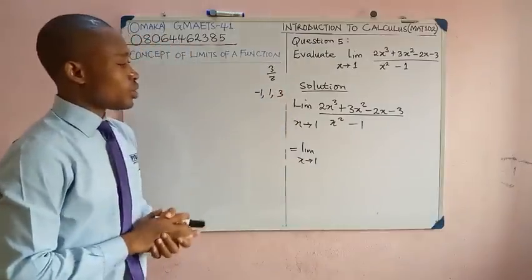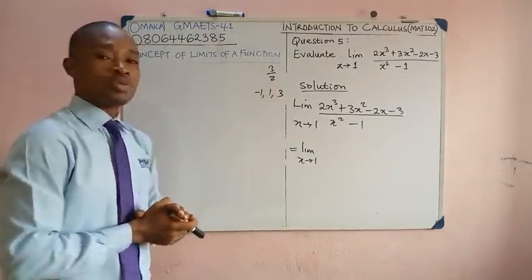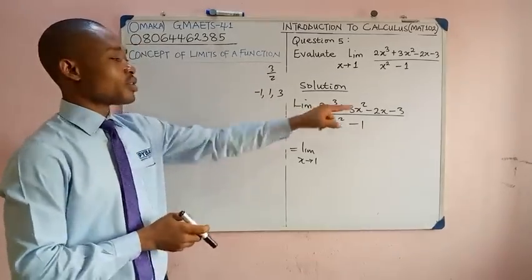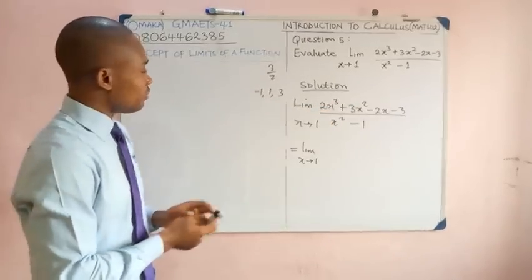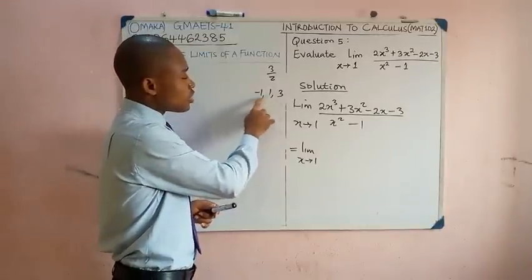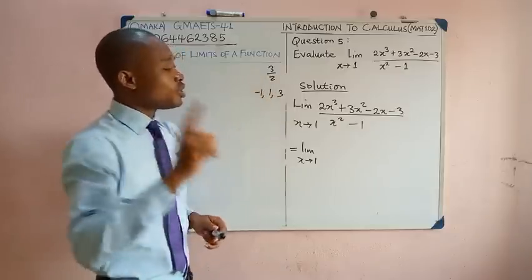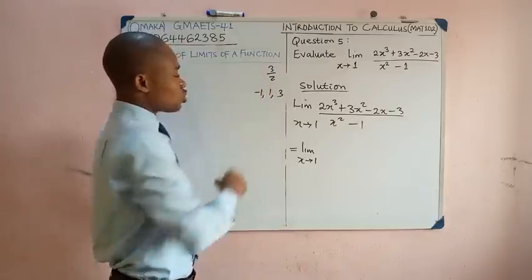So we are going to add these factors to see how we can get 3 over 2. From these factors of 3, we are going to select the assumed factors. Now, in the assumed factors, one of these 3 factors must be divided by 2, so that once you add them, you can get 3 over 2.